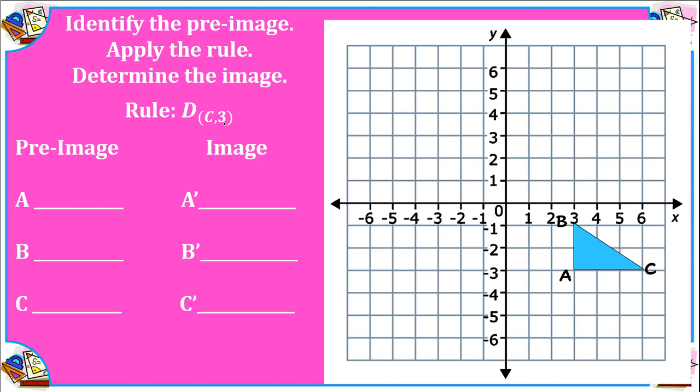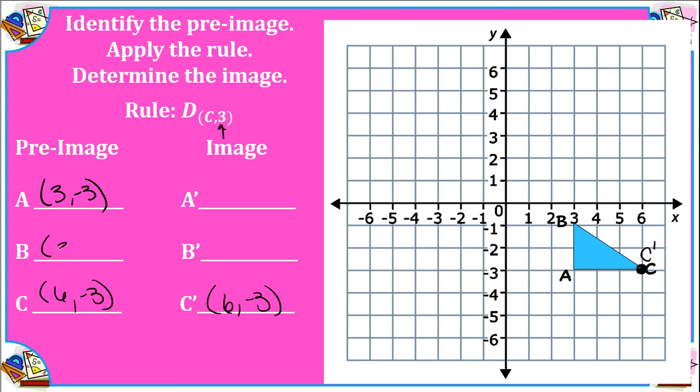Okay, this time we are going to do an enlargement with a scale factor of 3. Our center point is point C, so everything's going to be pushed away from C. So let's see, C is 6, -3, and C prime will also be 6, -3. A is 3, -3.